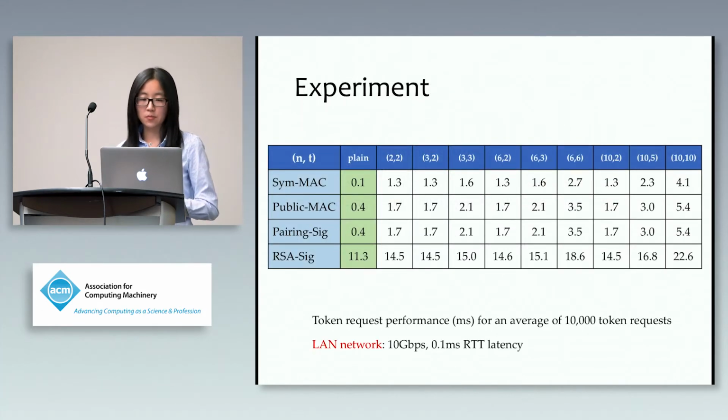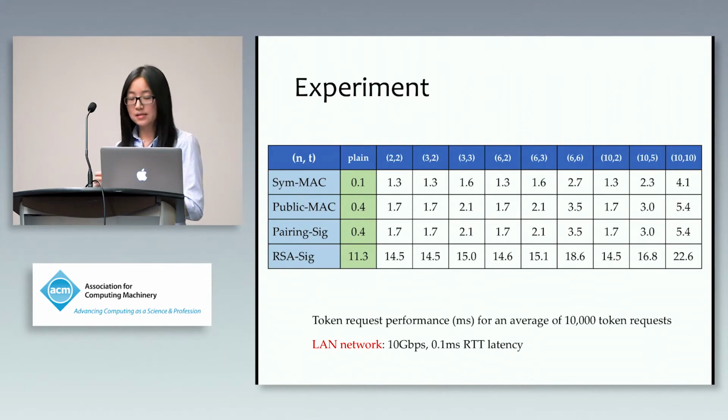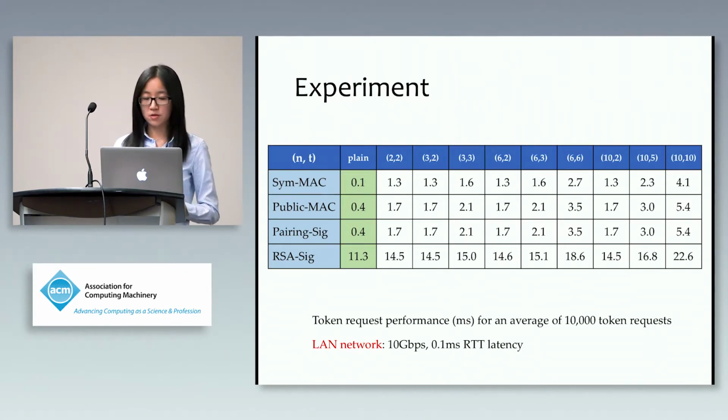And here are the experimental results. In this table, every row is a different type of token, and every column is a different setting. I will explain in a second what plain setting means, but for the rest of the settings, every column means a particular number of servers and a particular threshold.